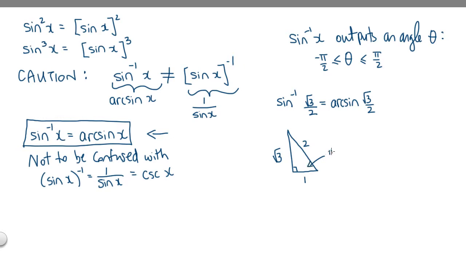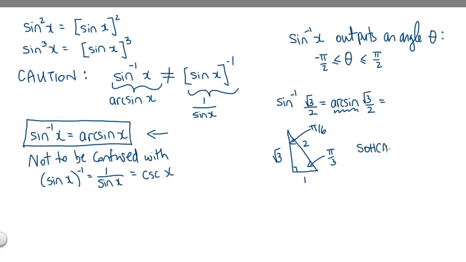Our angles here are π/3 and π/6. Okay, and to figure out the value of arcsine √3/2, we're asking what angle gives us a sine value of √3/2? What angle did we have to put into the sine function to get a value of √3/2?